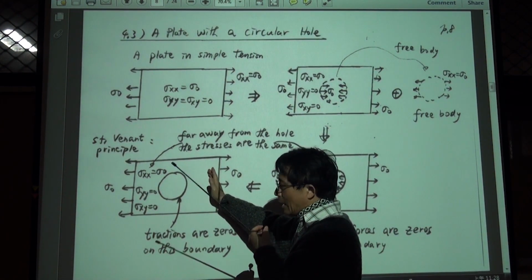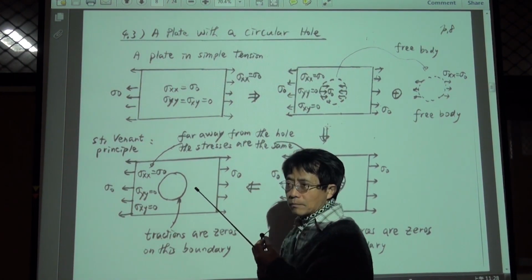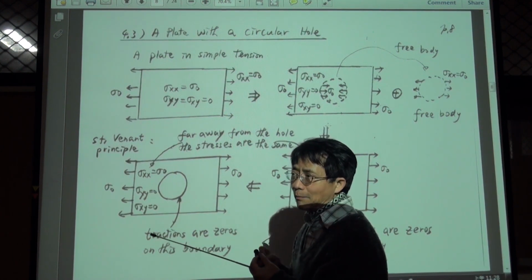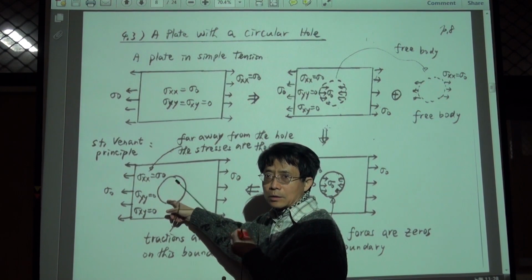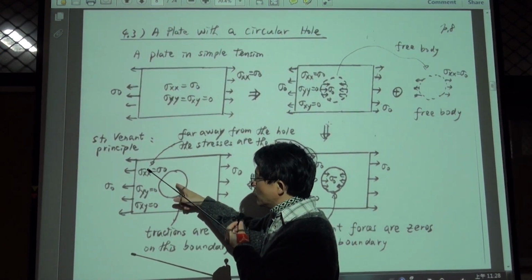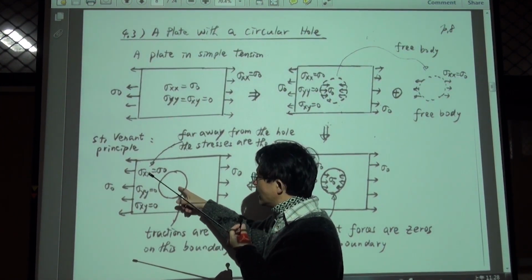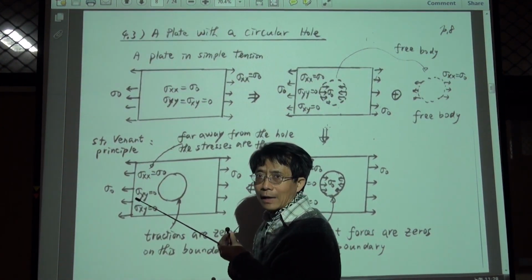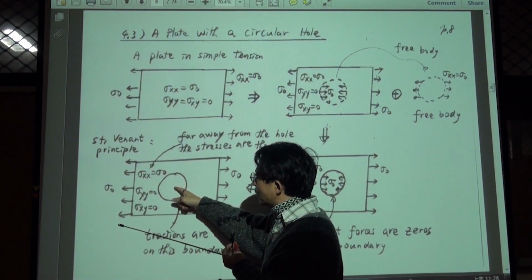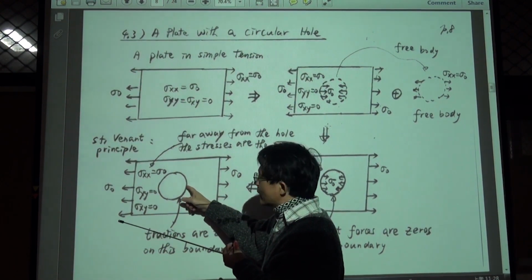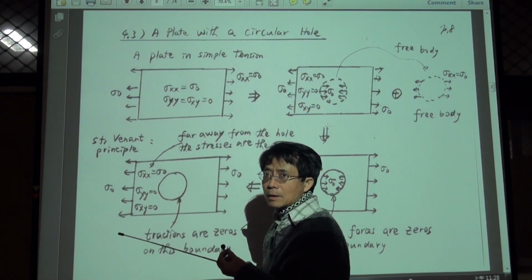Even though it is subjected to the tensile stress in the x direction, you cannot say that it is a one-dimensional problem, because around the circular hole, the stress will be varied, will be changed according to the theta value. At different theta value and also at different radius, the stress around the circular hole will not be the same.